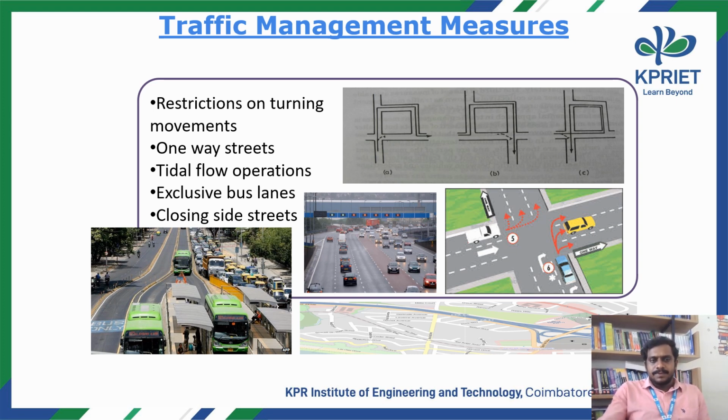Exclusive bus lane, which is a separate bus lane provided exclusively, and I think in our country Pune is following this exclusive bus lane. And closing side streets: when you close the side streets and traffic is permitted only on the straight-ahead road, most of the traffic, around 90%, can be reduced.